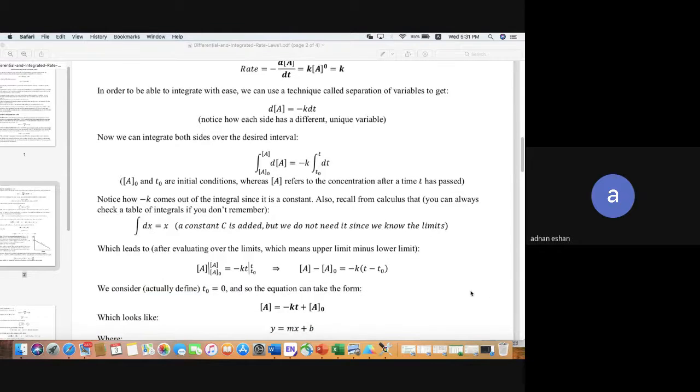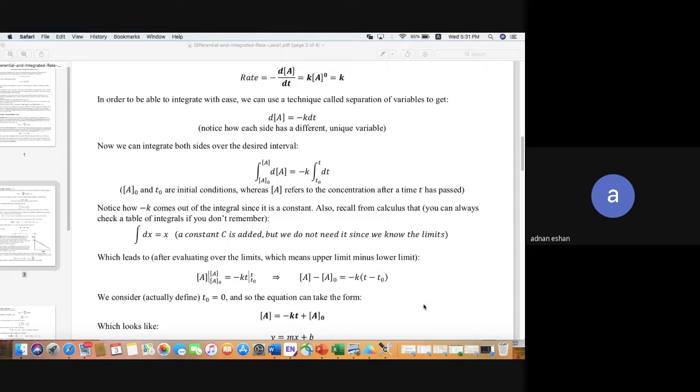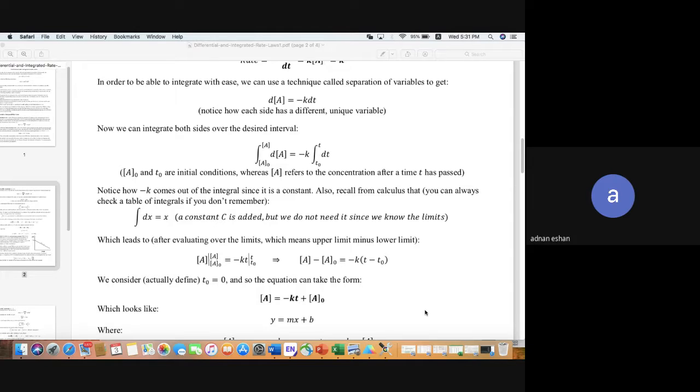So after we substitute the values of the limits, we find minus k, and after doing the integration, when we substitute the values of the limits, we find t minus t naught, and ultimately the value of A comes to minus kt plus k t naught, which is basically our A naught, and this equation looks like y equals mx plus b, which is the equation of a straight line that does not go through the origin.